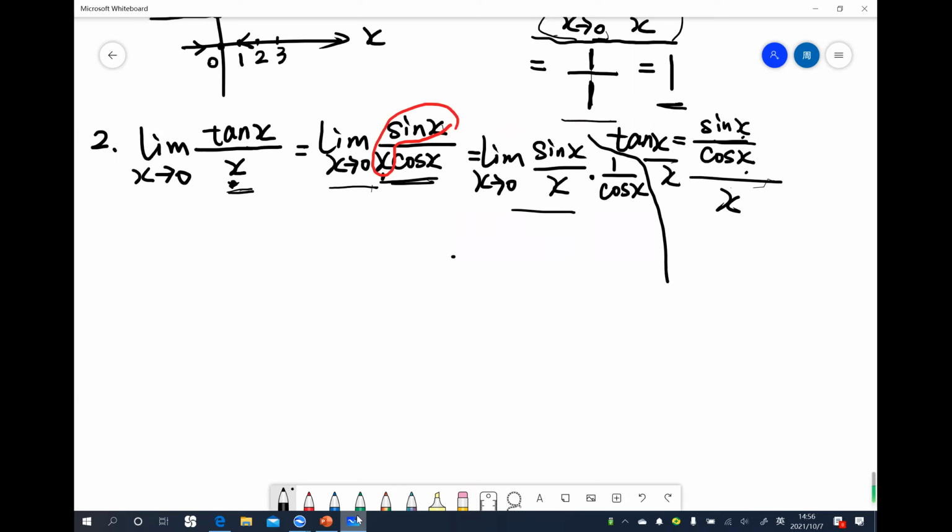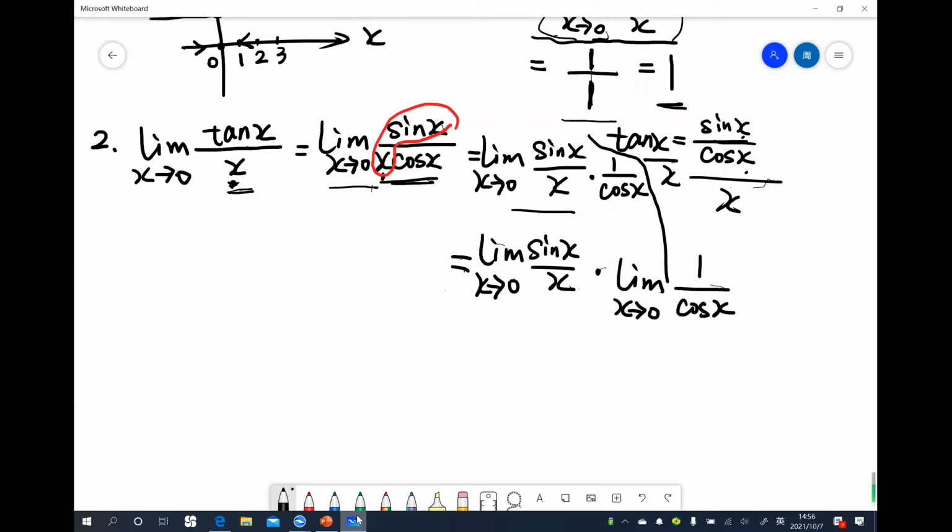Okay, and then we can use the formula, because here we can first use the product rule. That equals the limit of sine x by x times the limit of 1 by cosine x, by the product rule, right? Separate it. And from the formula, we know the result is 1. And here we can substitute x equals 0 into this function.